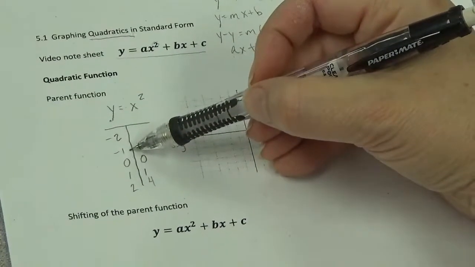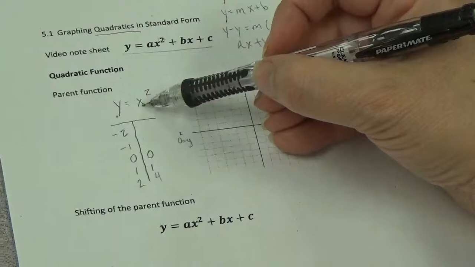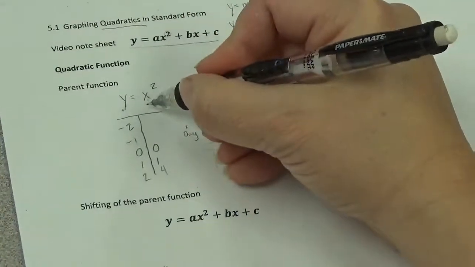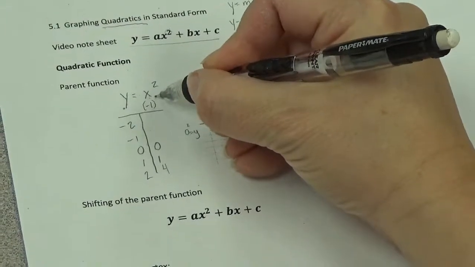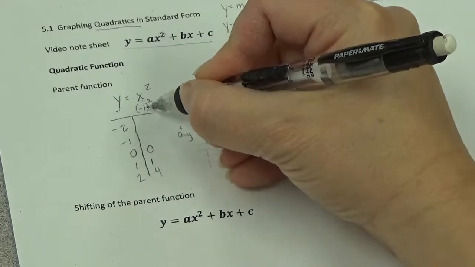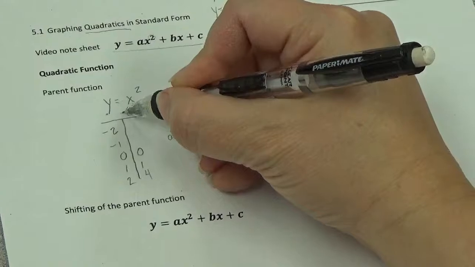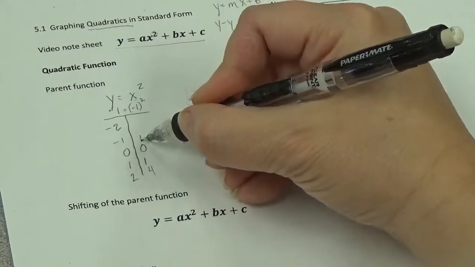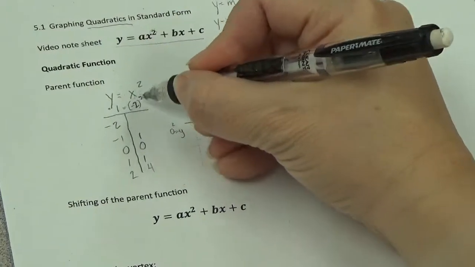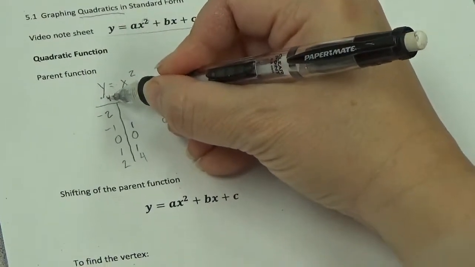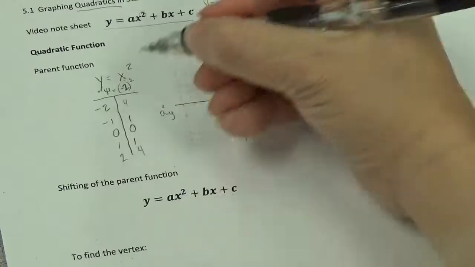Now let's look at the negative numbers. If you put -1 in for x, remember that when you put a negative number in and take it to a power, if you do that in your calculator, you have to make sure you do it in parentheses. (-1) squared is +1. Same thing if I put -2 in for x. (-2) squared is +4.